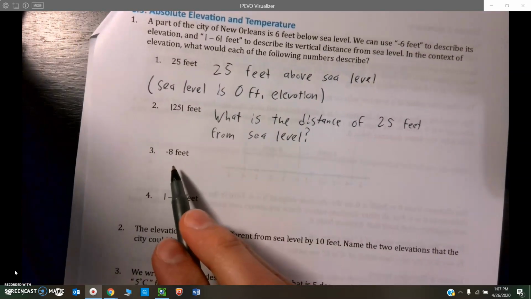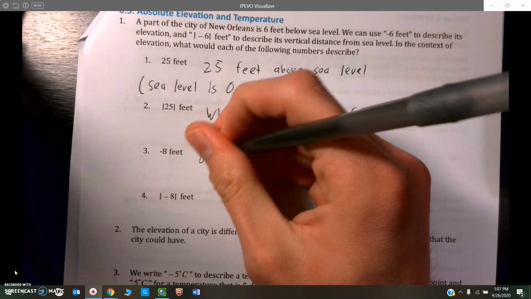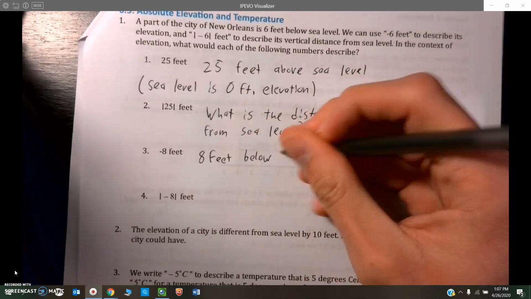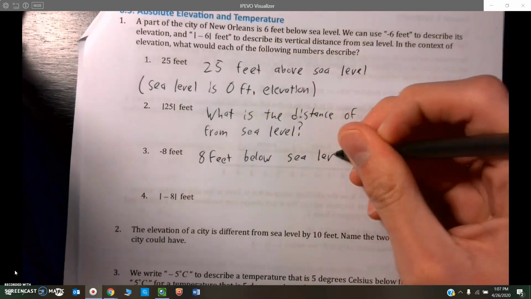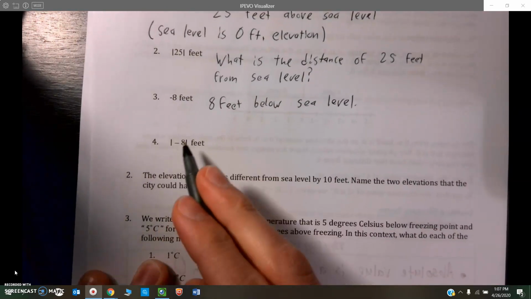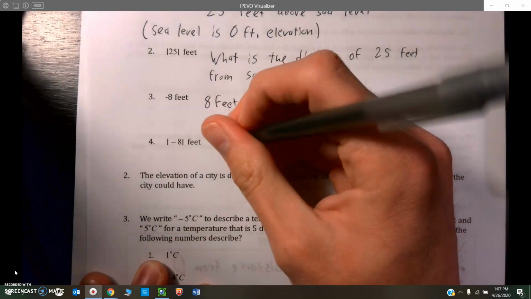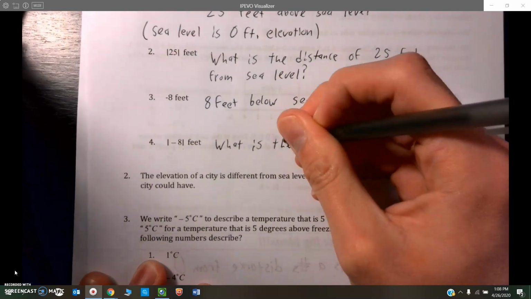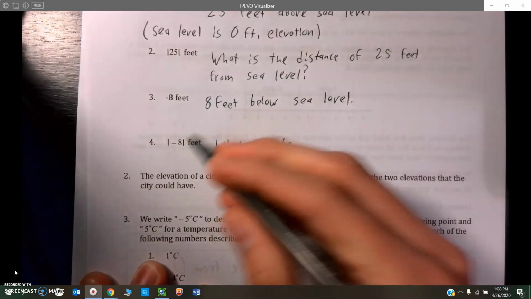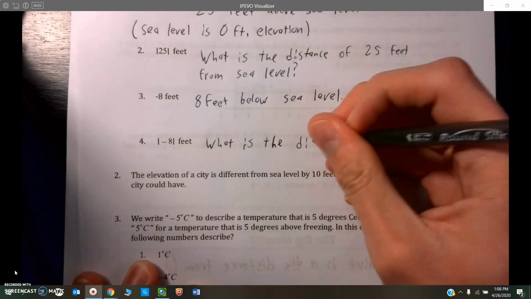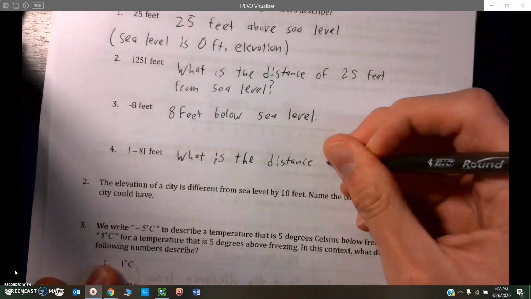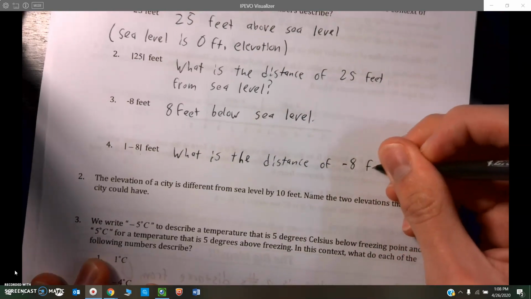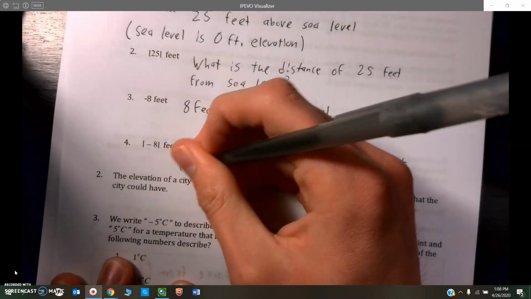Now -8 feet would be 8 feet below sea level, because it's negative. But if we had the absolute value of -8 feet, that would be: what is the distance of -8 feet from sea level?